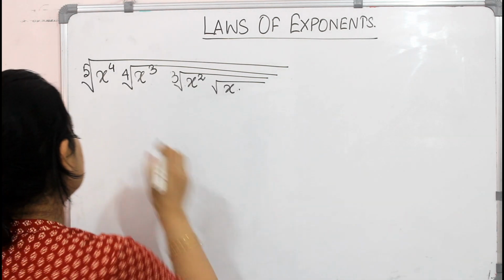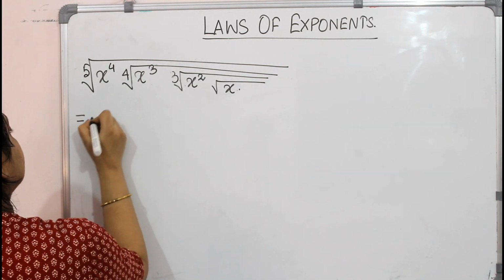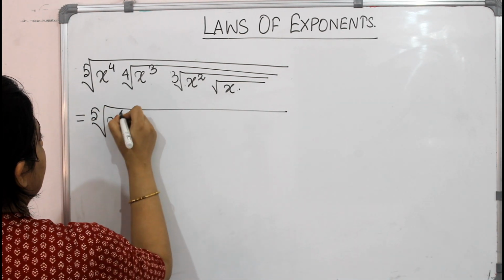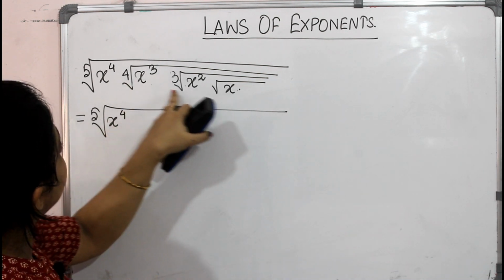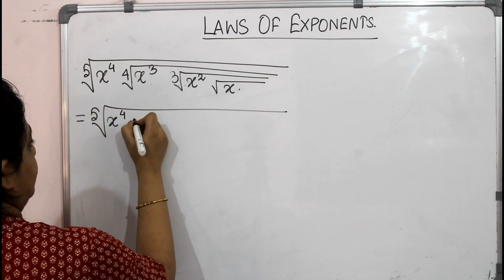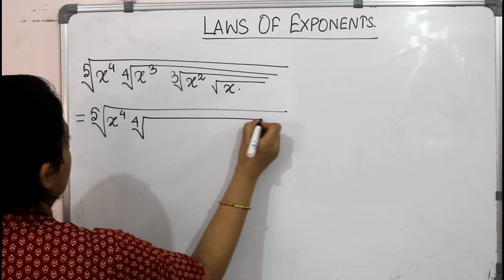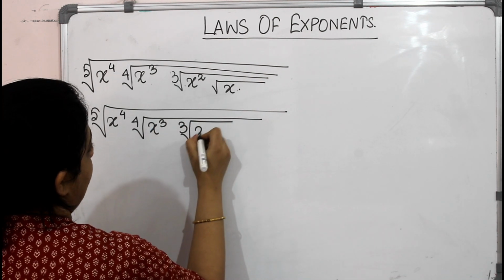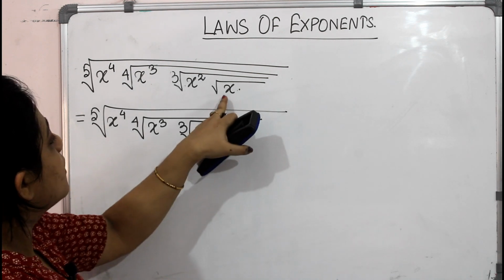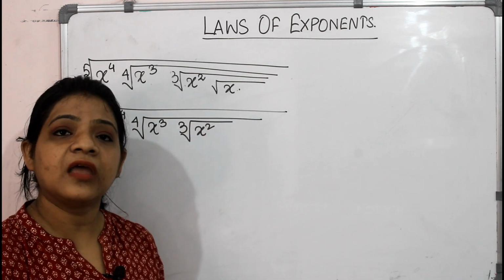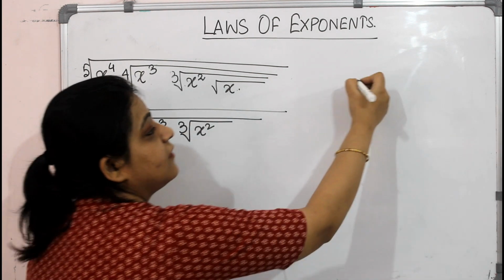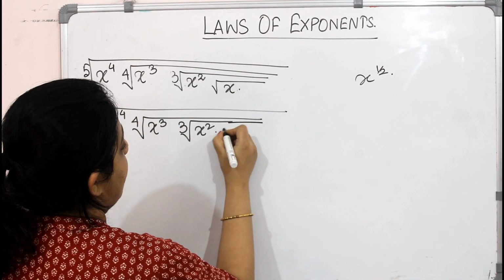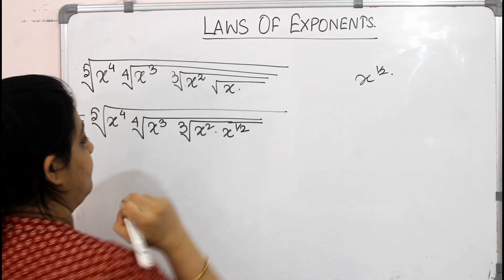Okay, see here, we will write this as it is, fifth root of x to the power of 4. Now we will write the rest of the expressions, that is fourth root of x cube, cube root of x square. Now this root x, what can you write this root x as? X to the power of half. So just we are writing x to the power of half.